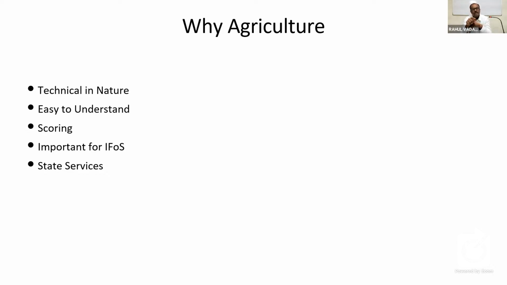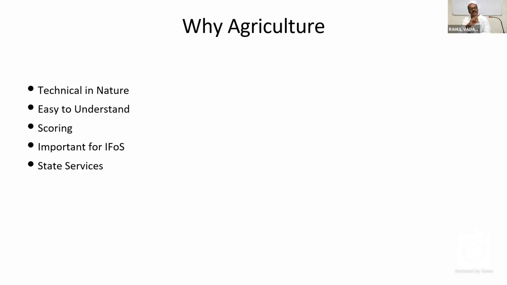Now the question is, we learn precision farming, but we don't study site-specific nutrient management. But both are not different; both are the same. When it comes to precision farming, you are managing each and every input.